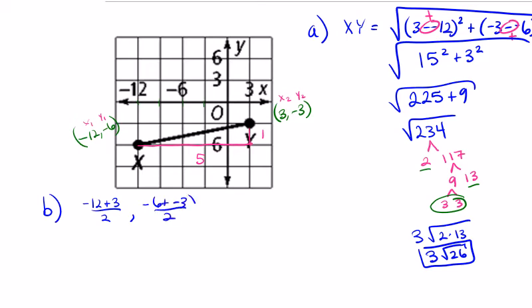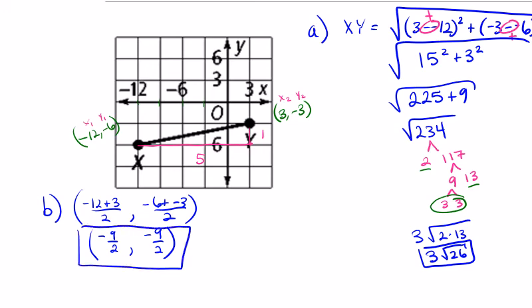So just adding them up and dividing by 2. So -12 plus 3 is -9 divided by 2. -6 plus -3 is also -9 over 2. Those can't be simplified. You could put them in decimal form if you wanted to, -4.5, -4.5. So those are the coordinates of the midpoint.